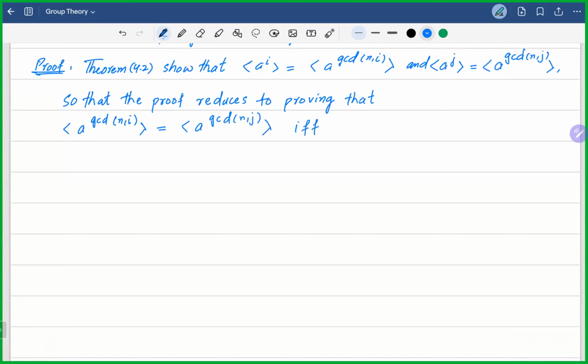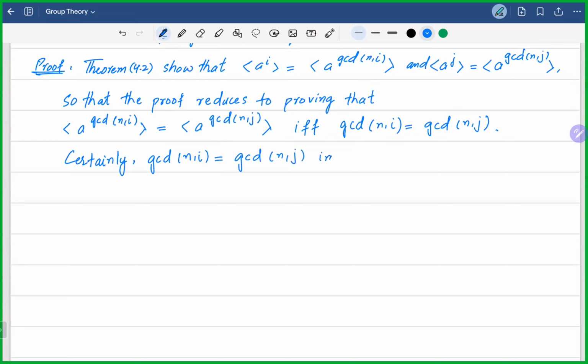It is only equal if their GCDs are the same. Now certainly GCD of n and i equal to GCD of n and j implies that the sets are equal.